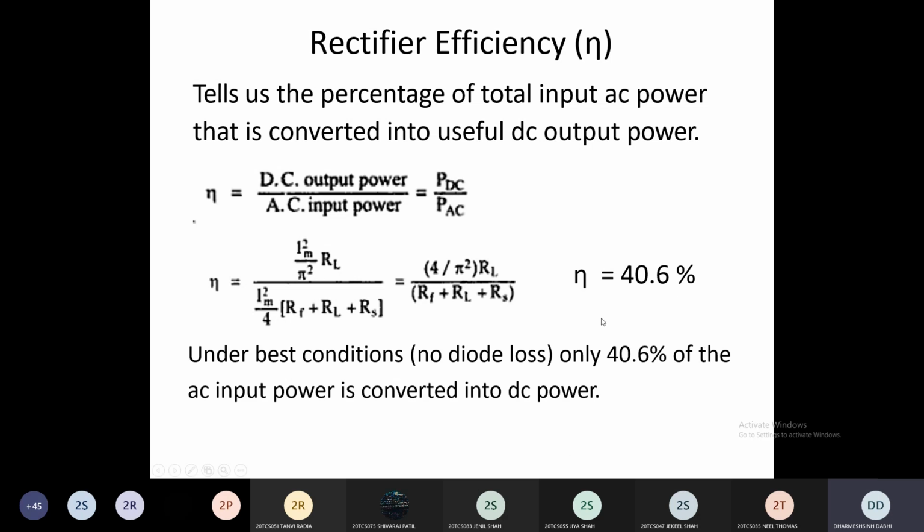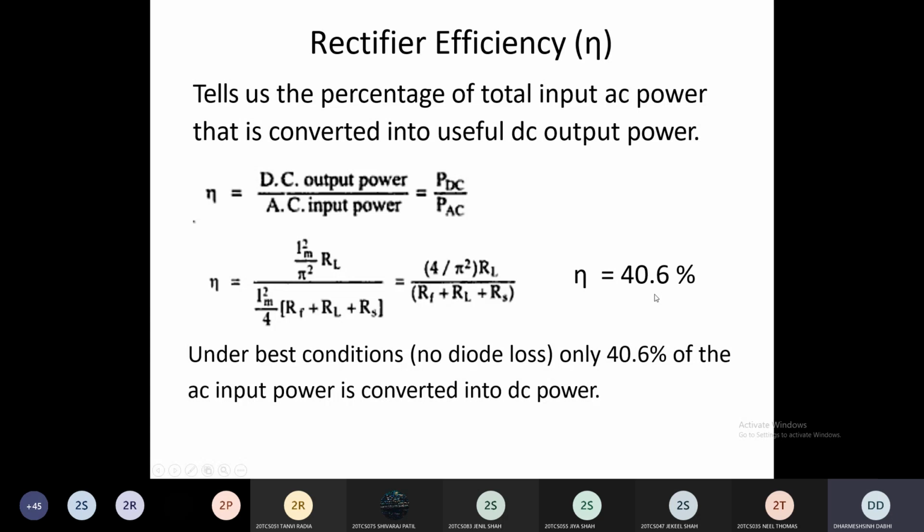And this is a theoretical efficiency. Clear, because here we assume that the diode has no loss, that RF is 0, but in a practical circuit RF is not 0. There is some voltage drop across this diode also, there is some internal resistance. So if you consider this RF, then this efficiency becomes less than this. Clear? So this is the ideal efficiency.